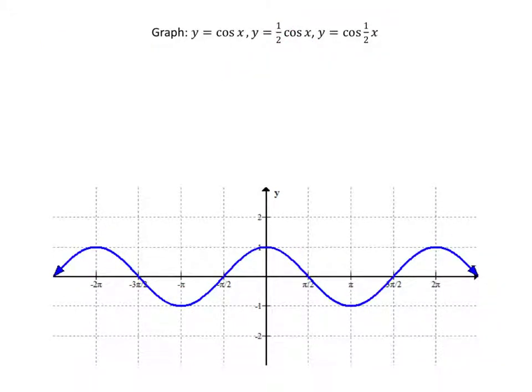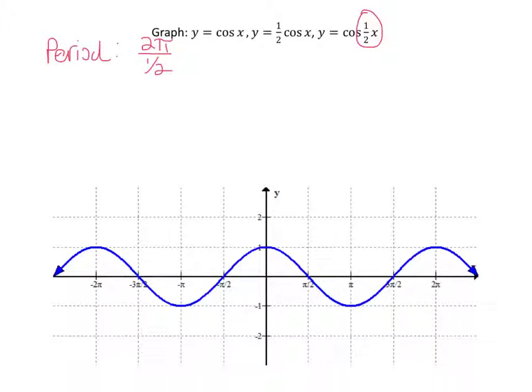For our final graph, we'll graph y equals cosine of 1/2 x. So again, for this one, we need to look at the period of the graph. And we have to say, okay, well, I need to take 2 pi divided by 1/2, because that's the number right here, attached to x.